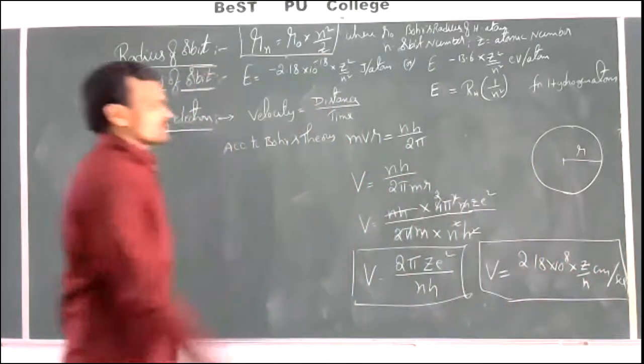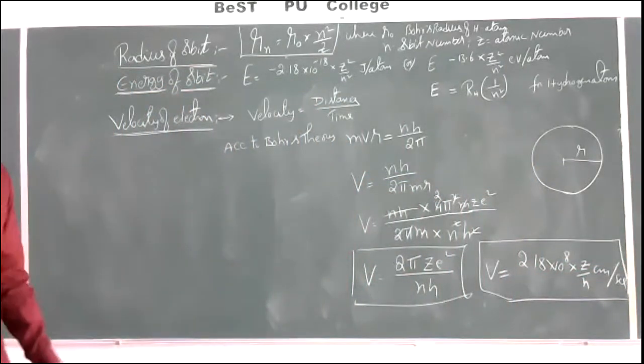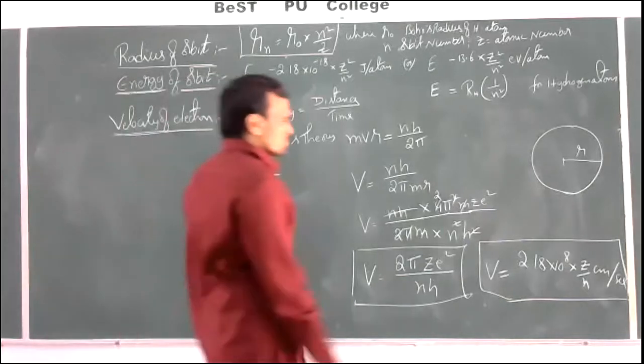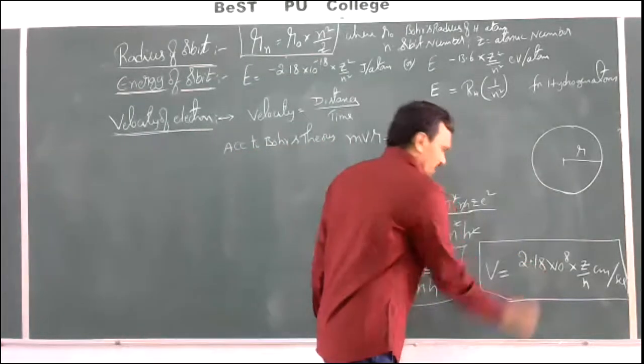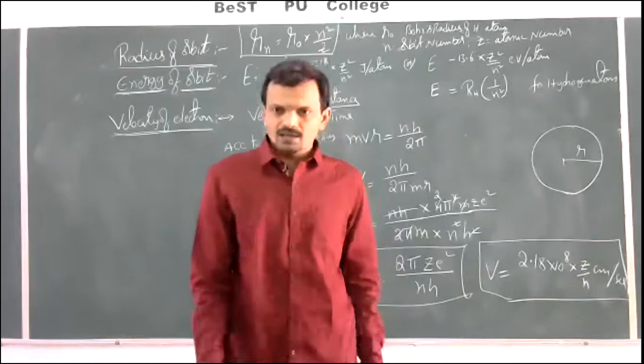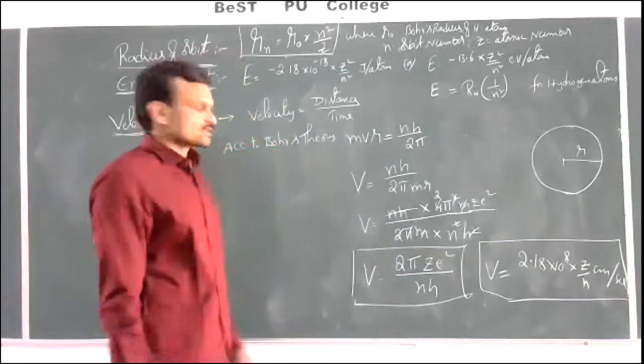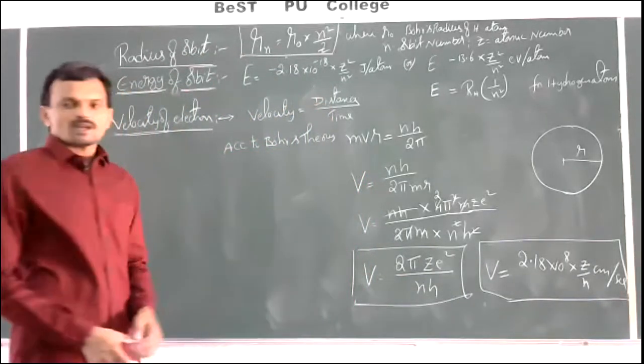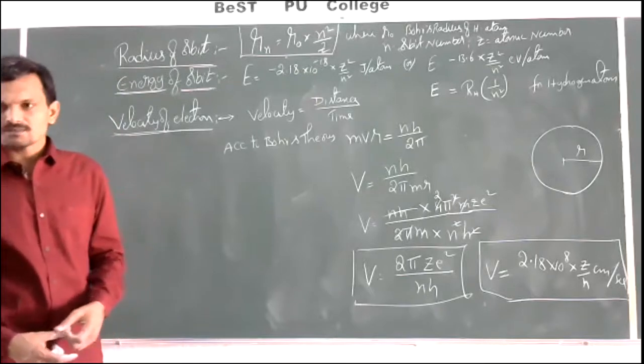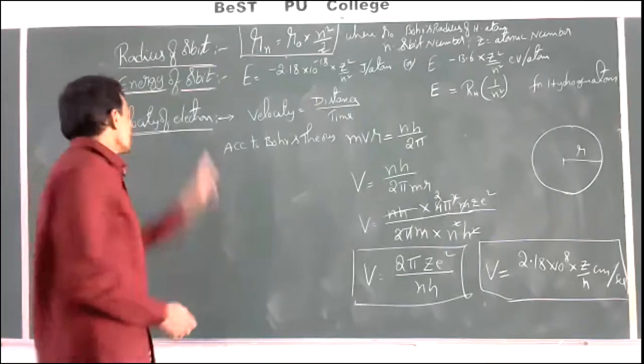This is the expression for velocity of electron. So velocity of electron is 2.18 into 10 to the power of 8 into Z by n centimeters per second. This is the expression for velocity of the electron in an orbit.